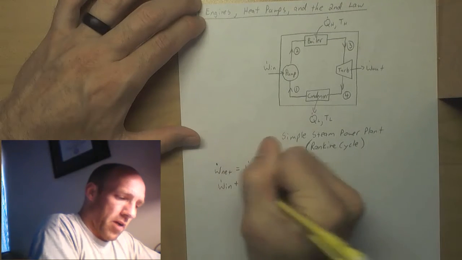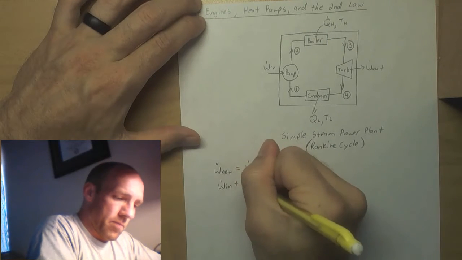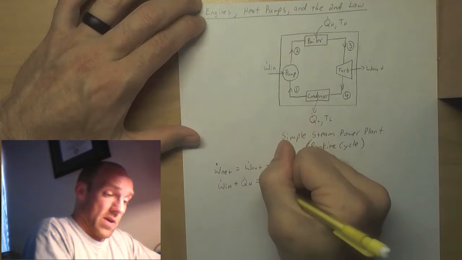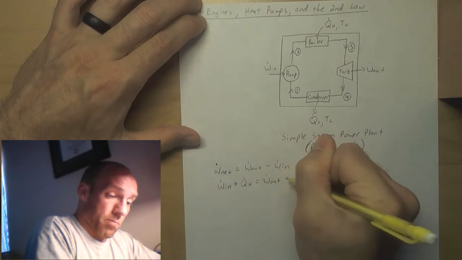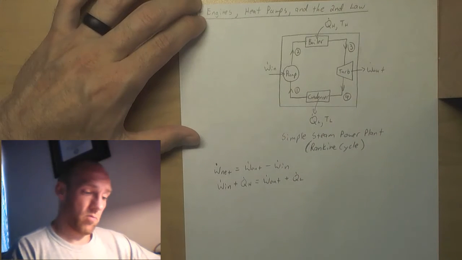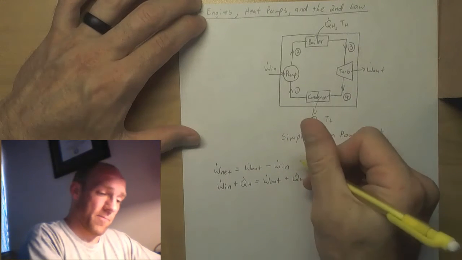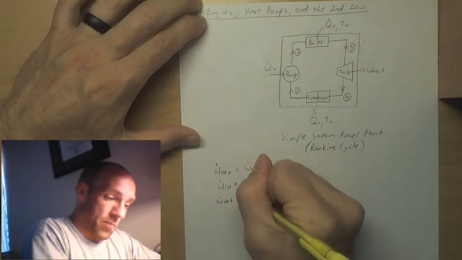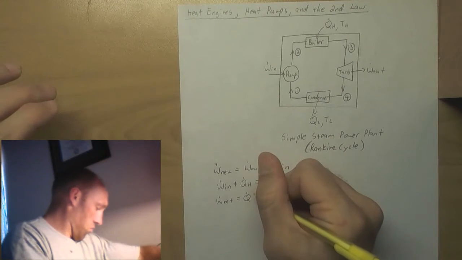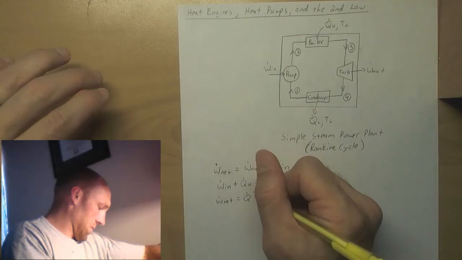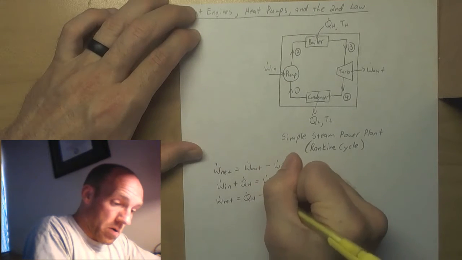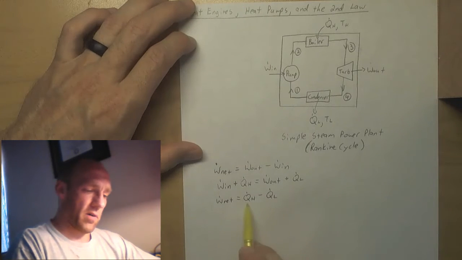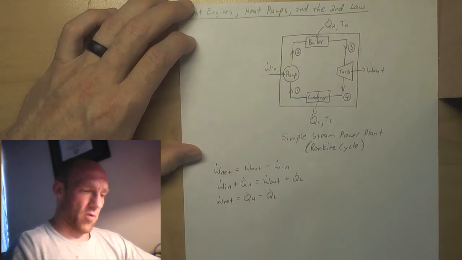The input work plus the input heat has got to be equal to, in the case of a steady operation, the output work plus the rejected heat. Okay, so I can rewrite the net work in terms of a difference in the heats, the hot side versus the cold side.